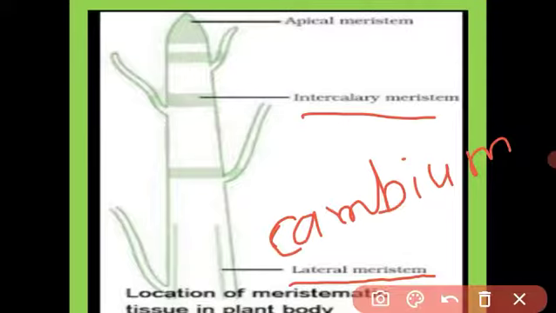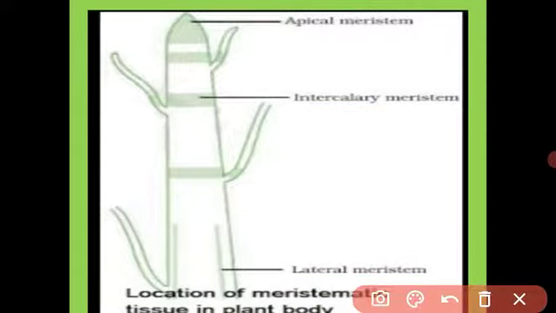These tissues are situated below the bark. See, student, when the plant is small the stem is very delicate, but day by day the diameter increases. Why is the diameter increased?